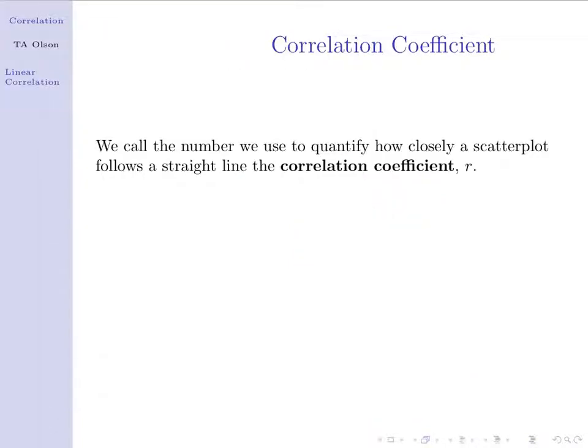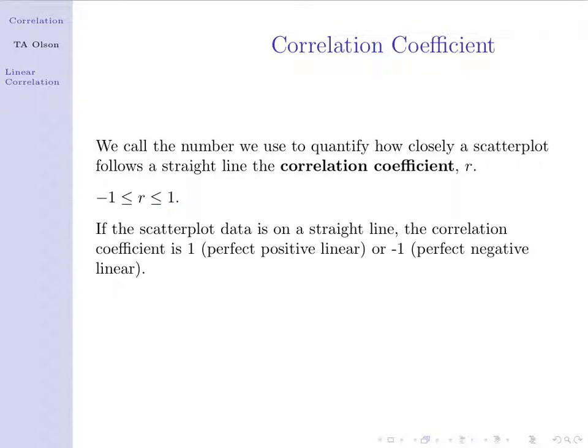Right? The big thing that we're going to measure is what's called a correlation coefficient. This is given the letter R. R is a number between -1 and 1. And if the scatter plot is on a straight line, the correlation coefficient is either 1 for a perfect positive linear association, as one increases, the other increases, or -1, called perfect negative linear, right?